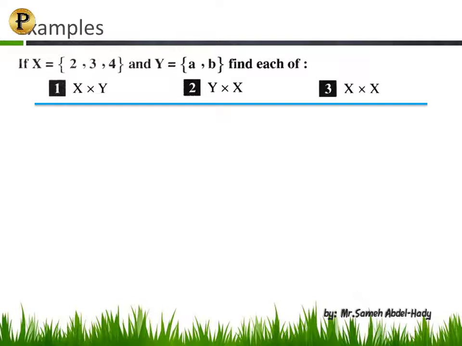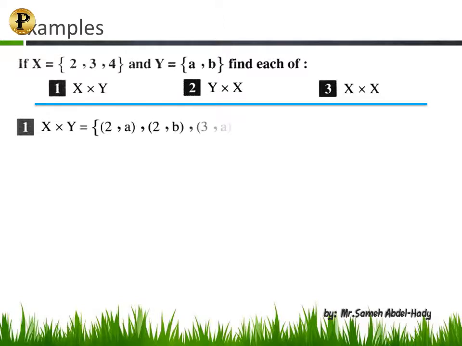x times y. You see the set x consists of 2, 3, and 4. You see the set y consists of a and b. So I have to take 2 with a and with b, then 3 with a and with b, and 4 with a and with b.